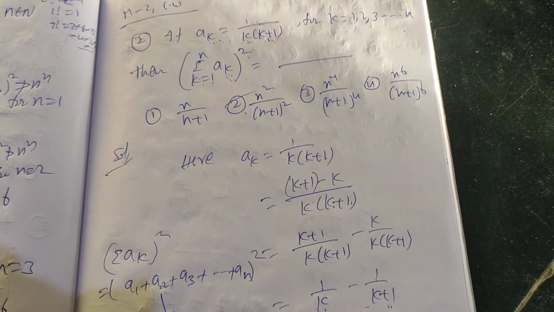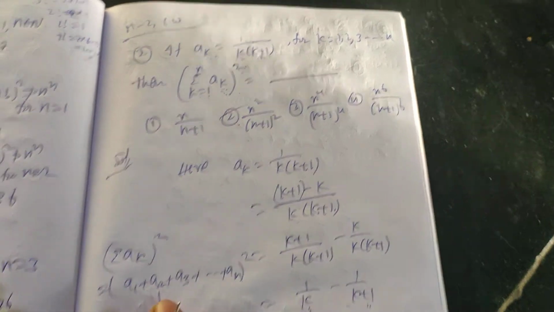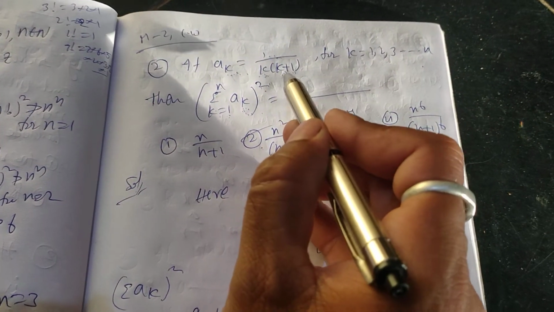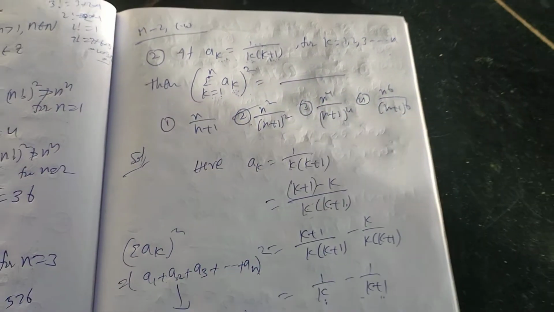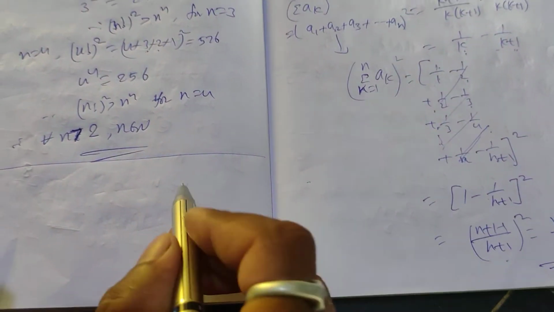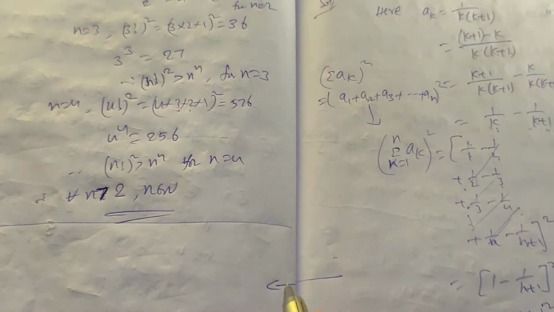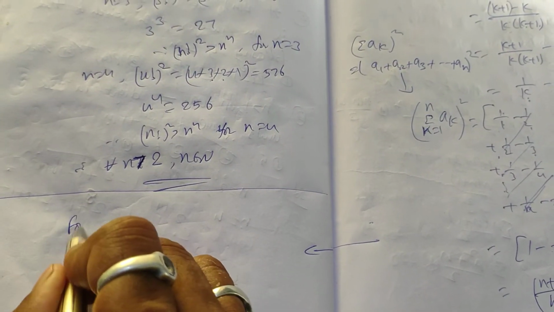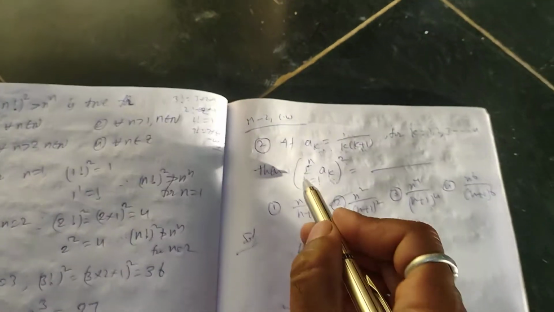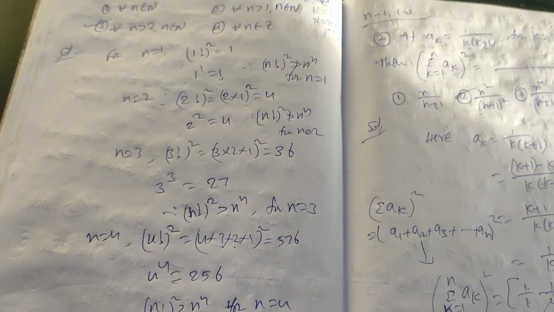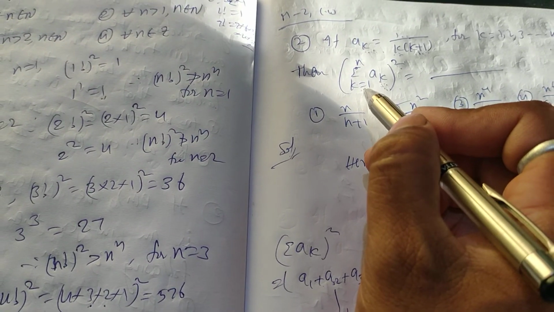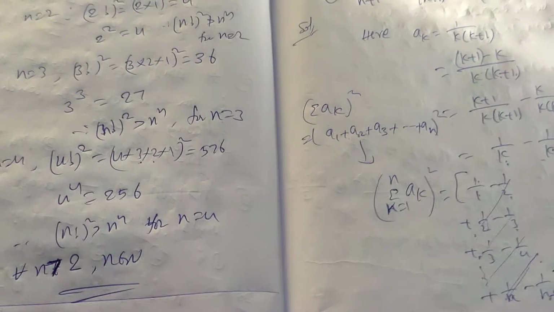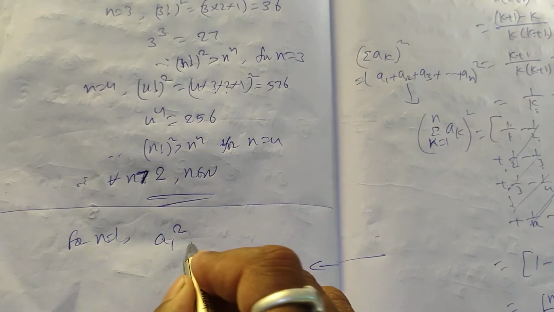This problem you can go with verification also. See here, ak is equal to 1 by k into k plus 1, and sigma k is equal to 1 to n of ak whole square is asked. Suppose you take n is equal to 1. For n is equal to 1, only one term you have to consider, that is a1 square.